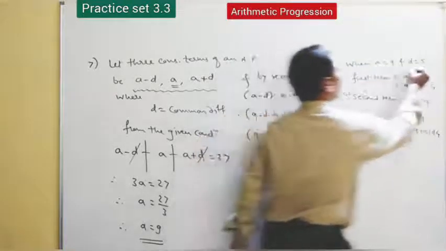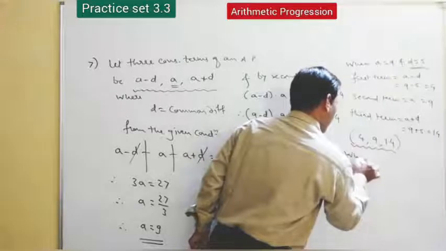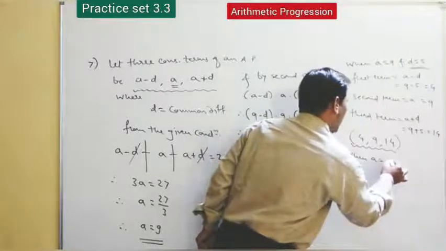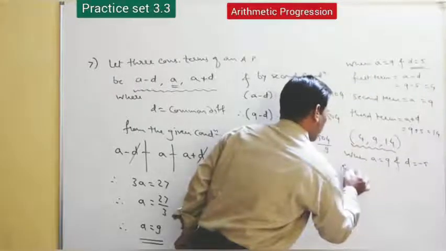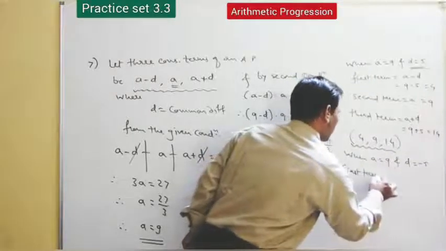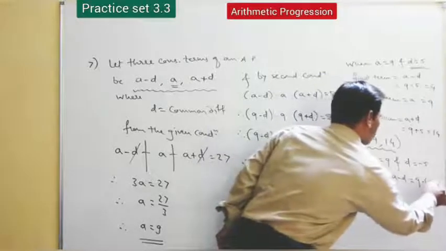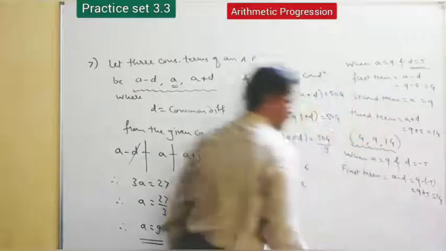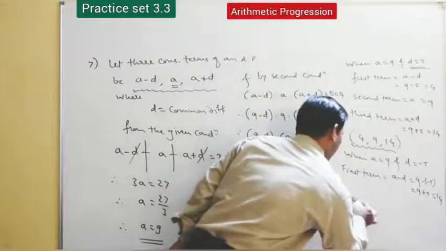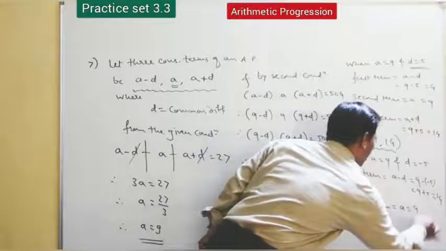But when d is equal to minus 5, now we take minus 5. When a is equal to 9 and b is equal to minus 5, what about the first term? This is a minus b, so 9 minus minus 5, so 9 plus 5, which is 14. Now the second term is a, which is 9.